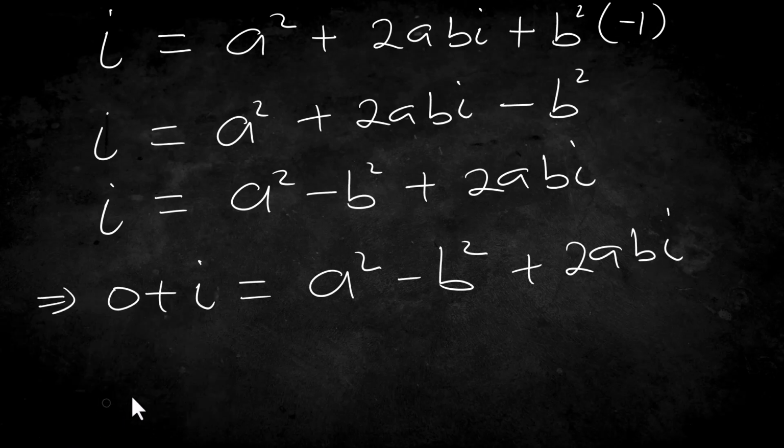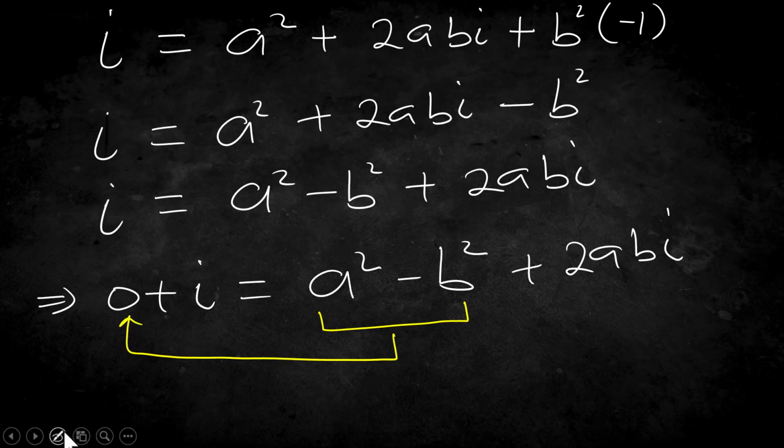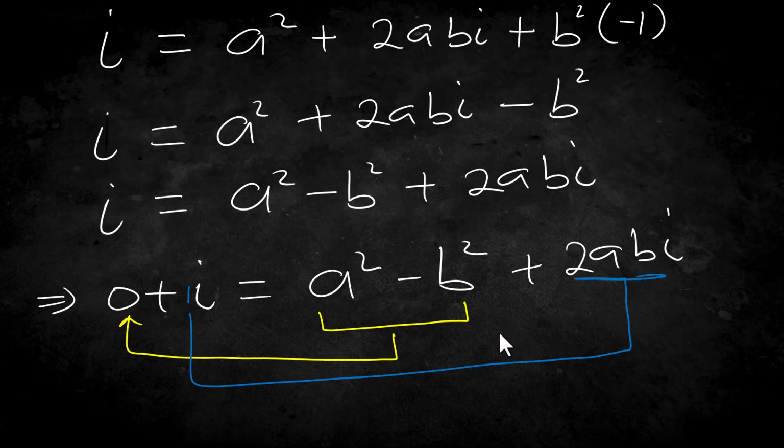Now from here we can say that a squared minus b squared will match the 0, and the coefficient of this i will also match this 2ab.